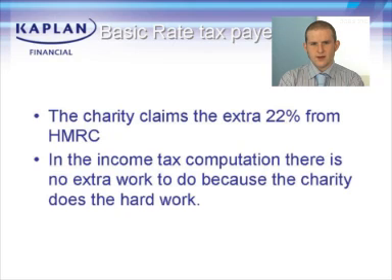Now, for a basic rate taxpayer, there is actually no calculation for us to do, because the charity does the hard work. They fill out a form and claim that 22% back from Her Majesty's Revenue and Customs. So therefore, in our income tax computation, all we need to do is just ignore any gift aid contributions for a basic rate taxpayer.